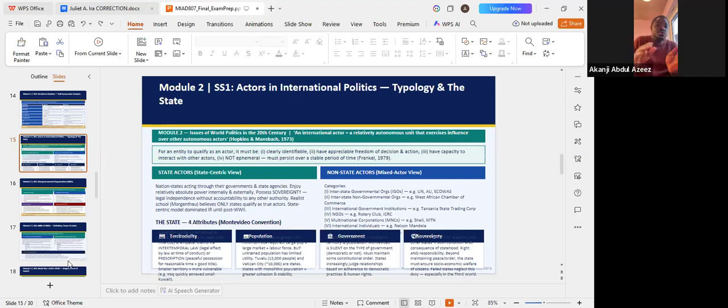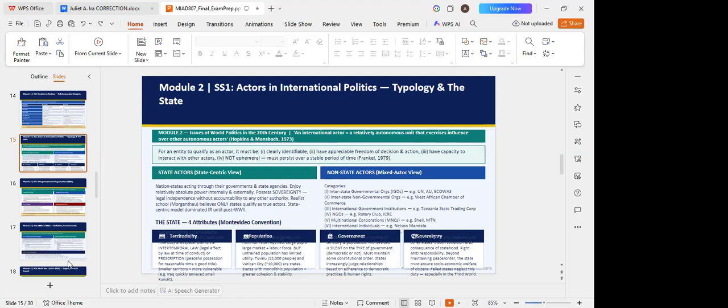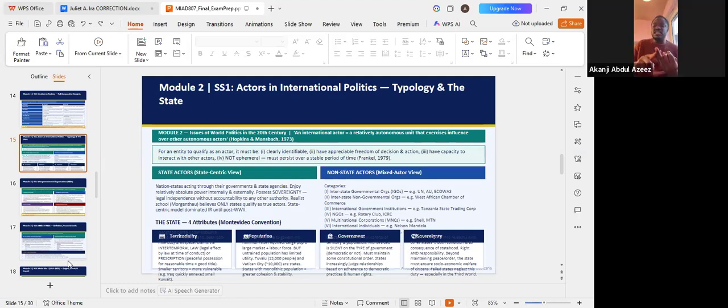We will not say country, we will say state. Which means that if you are a state actor, you must meet the conditions to become a country, and also participate actively in global politics.